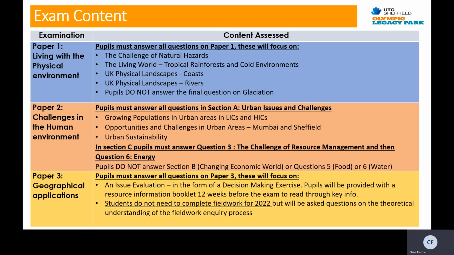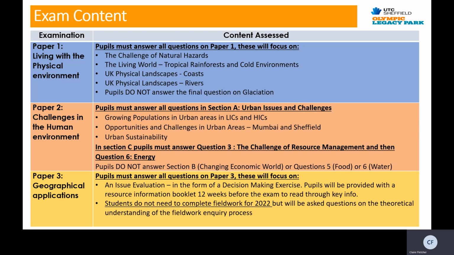It also involves the living world, which is basically focusing on ecosystems. We have studied 2 main ecosystems, and that is tropical rainforests and cold environments. We have looked at the Amazon rainforest, and we've looked at a place called Svalbard in Norway, and we've looked at Alaska in the USA as examples of these real life ecosystems.